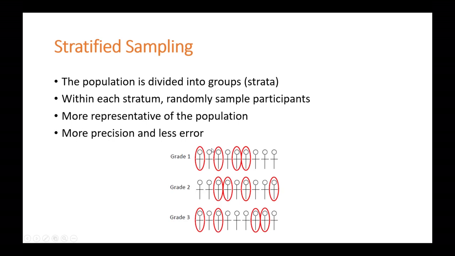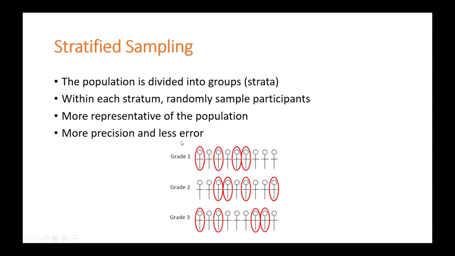So this is how it looks. If you're collecting data from an elementary school wherein there are different grades of classes, grade 1, grade 2, and grade 3, so this is nothing but stratification of those elementary school children, wherein you are stratifying them into different groups, which would be class 1, class 2, and class 3.